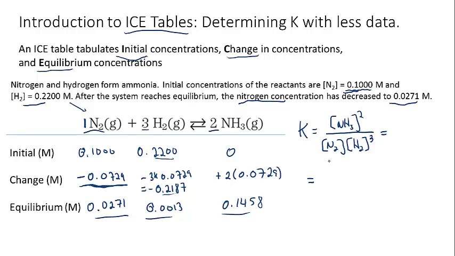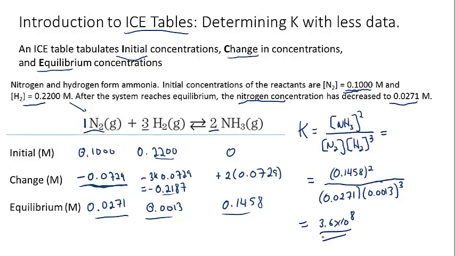That's going to be 0.1458 squared divided by 0.0271, that's our nitrogen concentration, times 0.0013, that's our hydrogen concentration, cubed. And when we multiply that all out, we get 3.6 times 10 to the 8th. And so that's our equilibrium constant for that reaction.